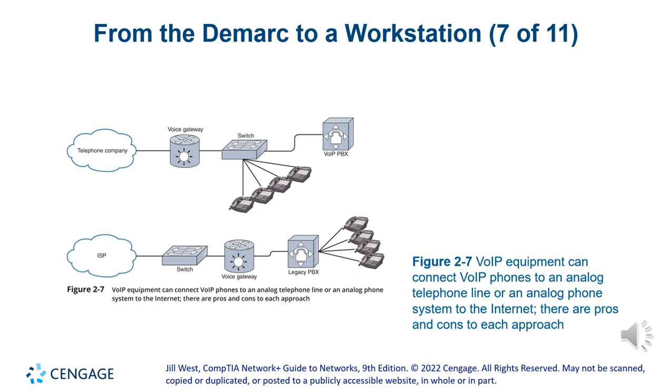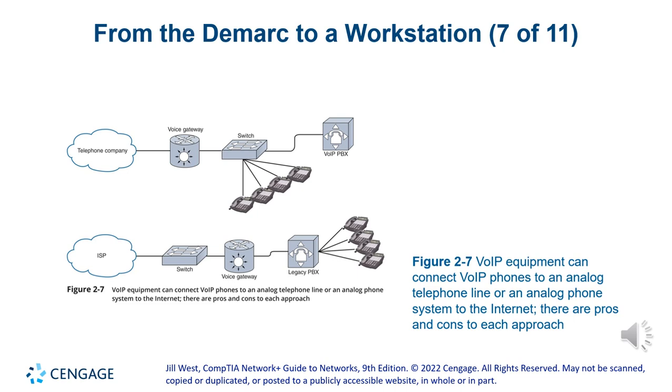In my house, I do have voice over IP, but I have a little legacy device that will provide signal to the old analog phones. So even though I have voice over IP, it goes to this legacy, kind of like a personal PBX, because it's only for one or two phones. And then there I can connect the regular old cordless phones, and I can have telephony all around my house with the cordless phones.